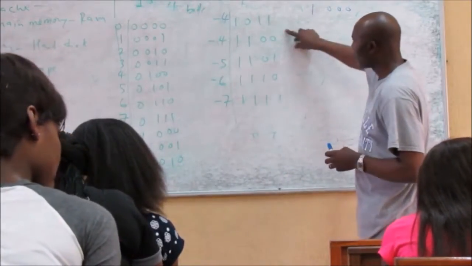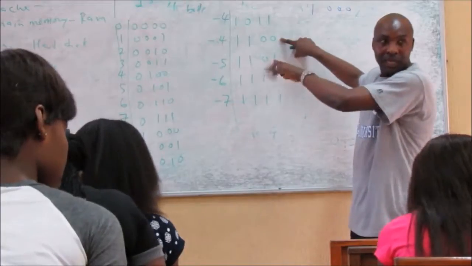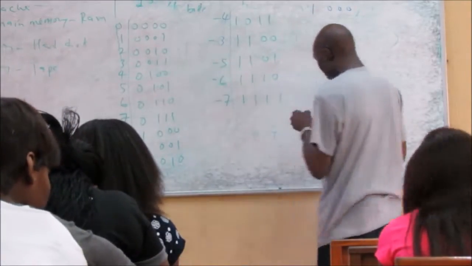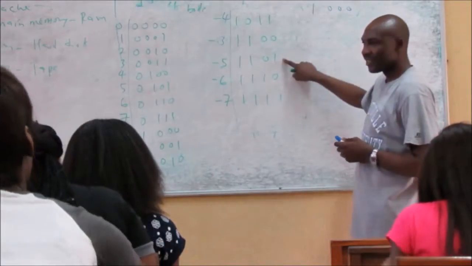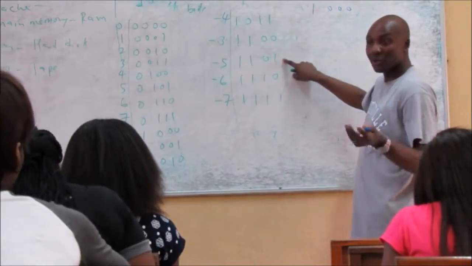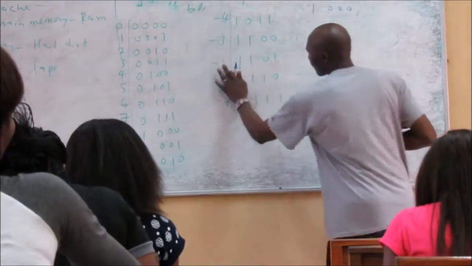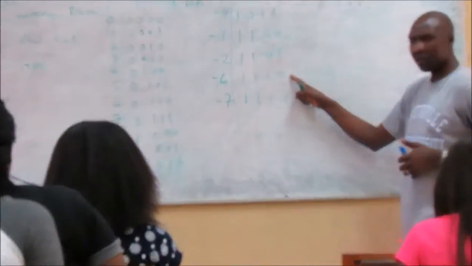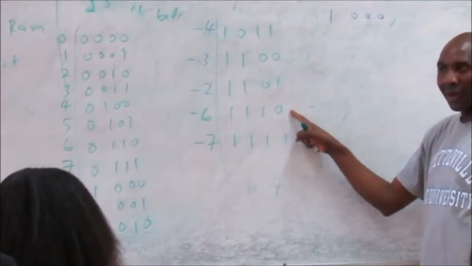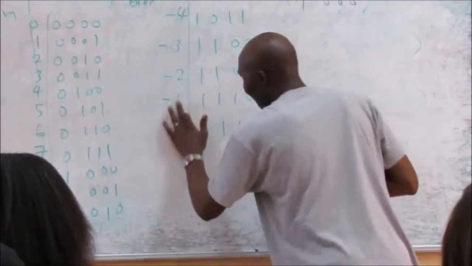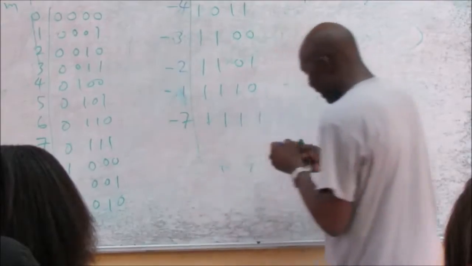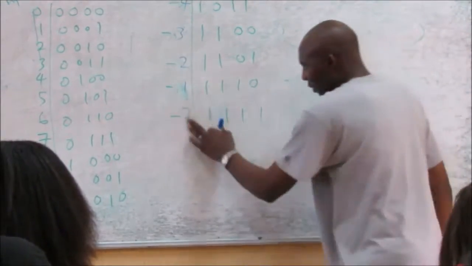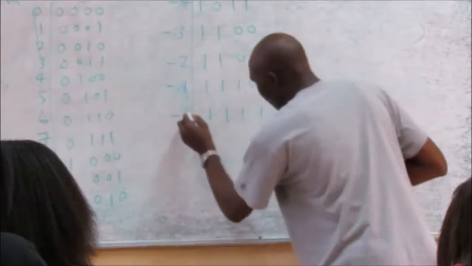This one goes for minus 3. Then this one goes for minus 2. And what about this one? Minus 1. And then, what is this value? So, this is what we get.